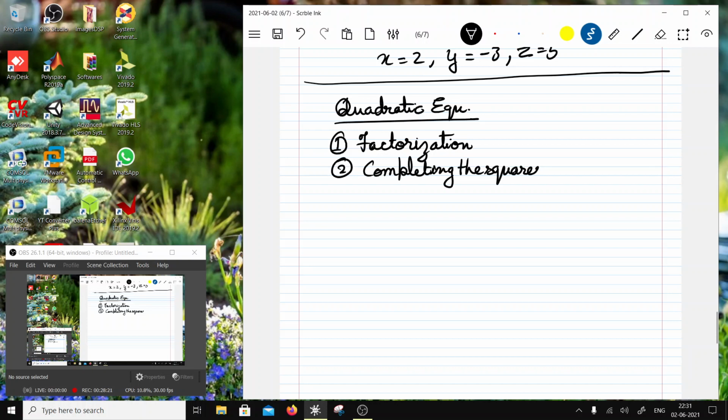The third one is going to be the quadratic formula. And the fourth one is going to be a graphical method. So I can solve a second order equation graphically.